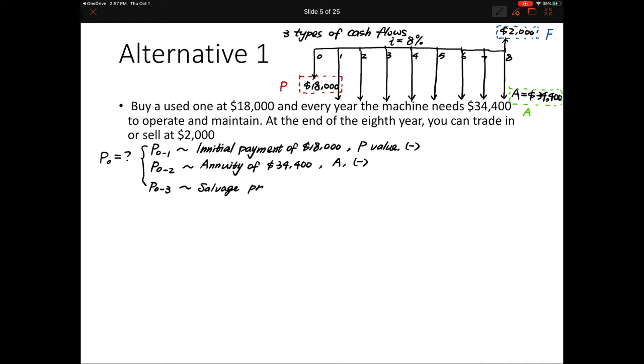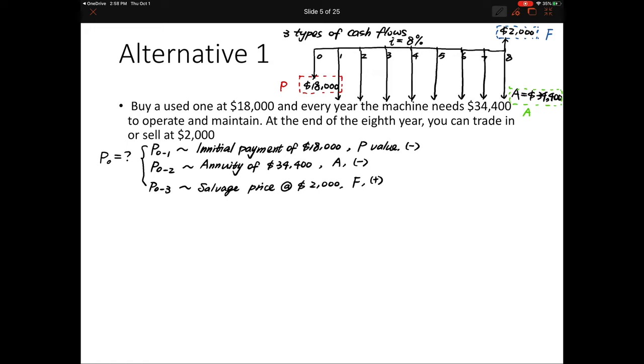That is the salvage price at 2,000. And we said what type is it? It is a future value, and it is a receiving, so it's positive. So now you have 3 parts.